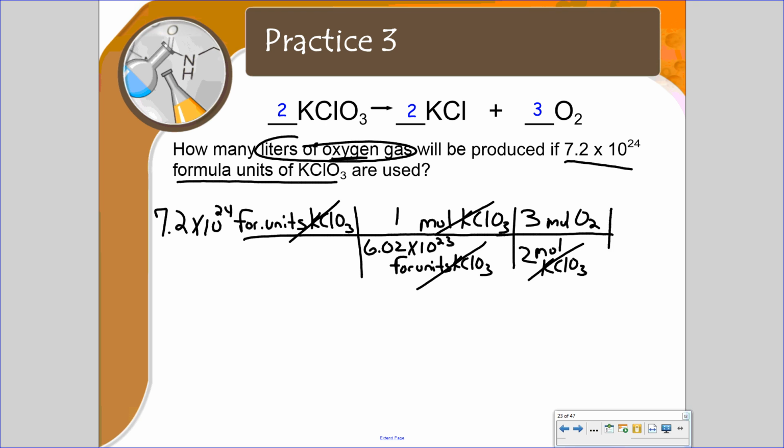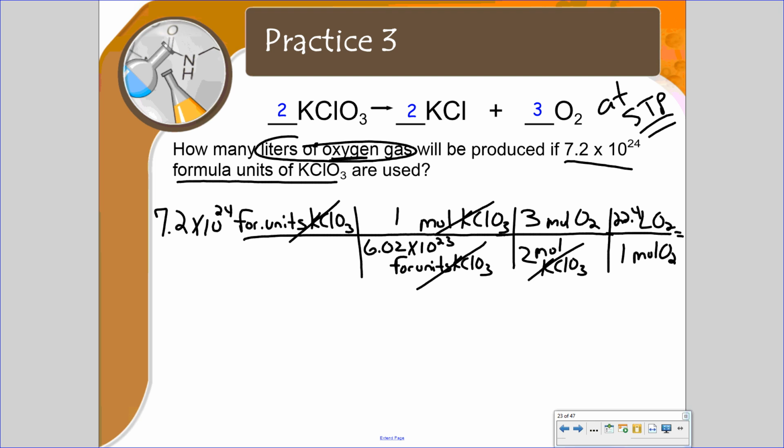So we need to come back here, and whatever units are up top come out the bottom. And then we can get to liters of O2, and we'll assume at STP, so we'll include that 1 mole is equal to 22.4 liters.